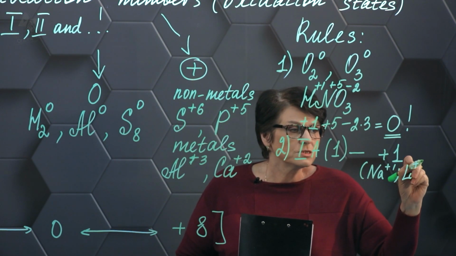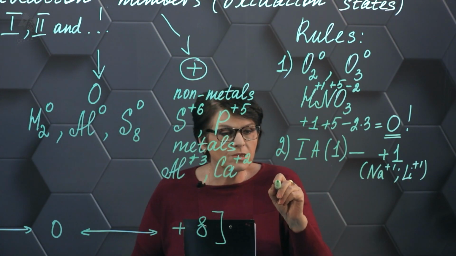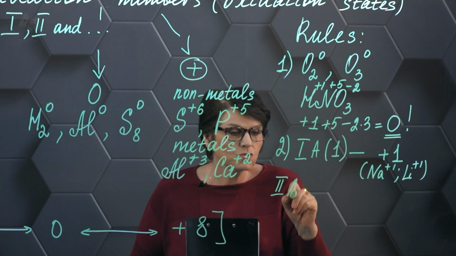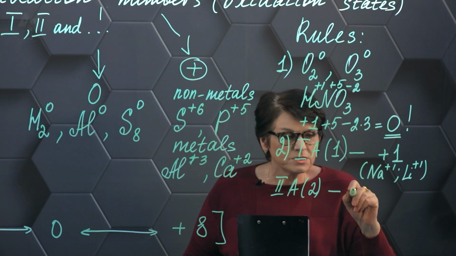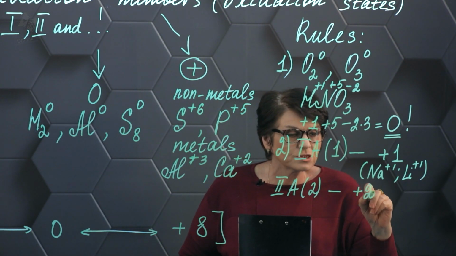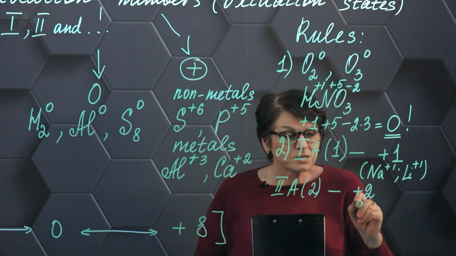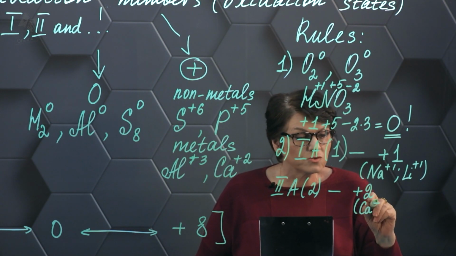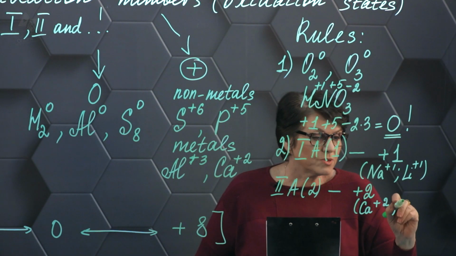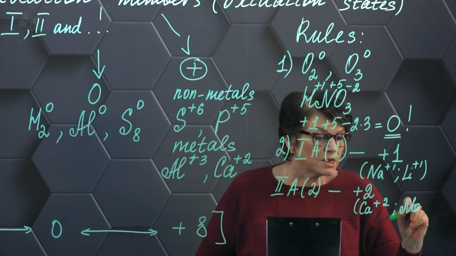Lithium +1. Next, the elements of the second A group, or group number 2, will always have an oxidation degree of +2, for example calcium +2, or magnesium with a +2 charge.